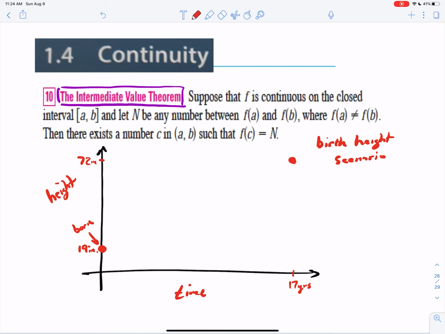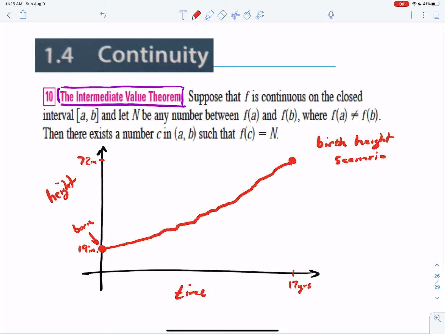As time goes on, now I don't know exactly how Jennifer grew, but you have to agree that she's either staying constant or she's increasing, right? But more importantly, at every single time, she has to be some particular height. And it really doesn't matter how you draw this.